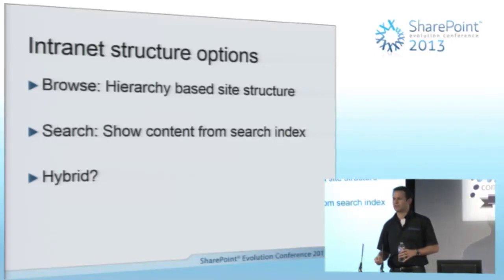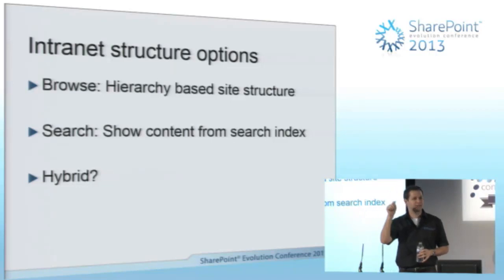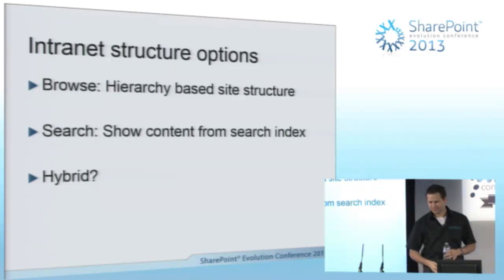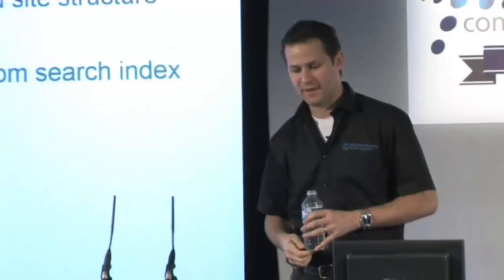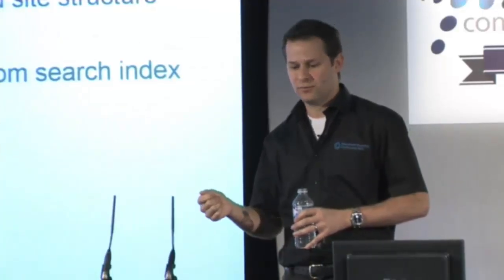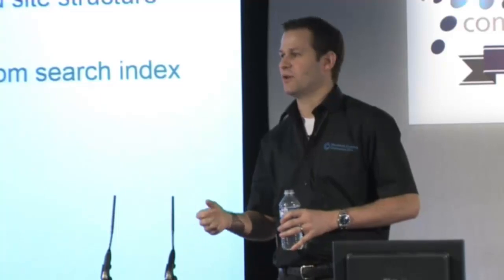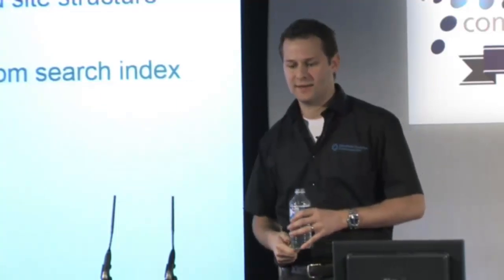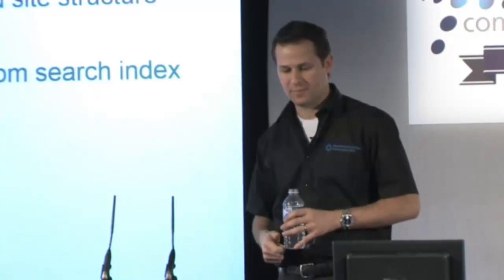And that's really easy to browse, right? You get the nice navigation and you can click down through the hierarchy to find the site that you're interested in and then the content that you're interested in. But you need to know where to browse to. You need to know that a particular project or team site is in a particular place in the hierarchy if you're going to browse for it. So it's got some drawbacks there too.